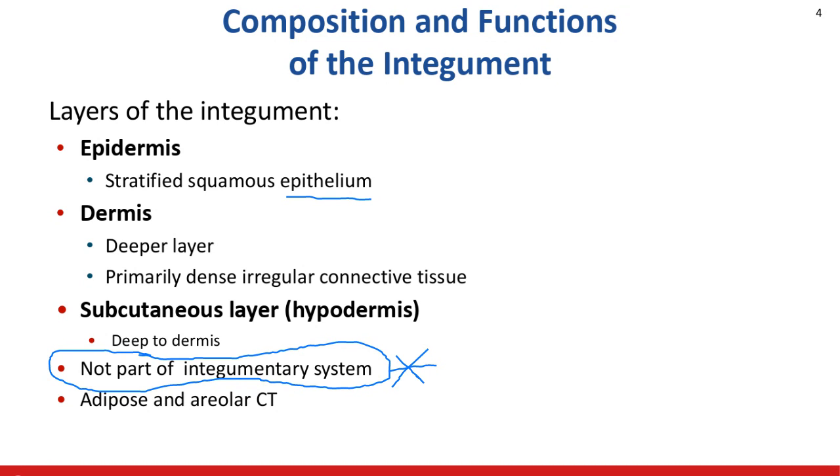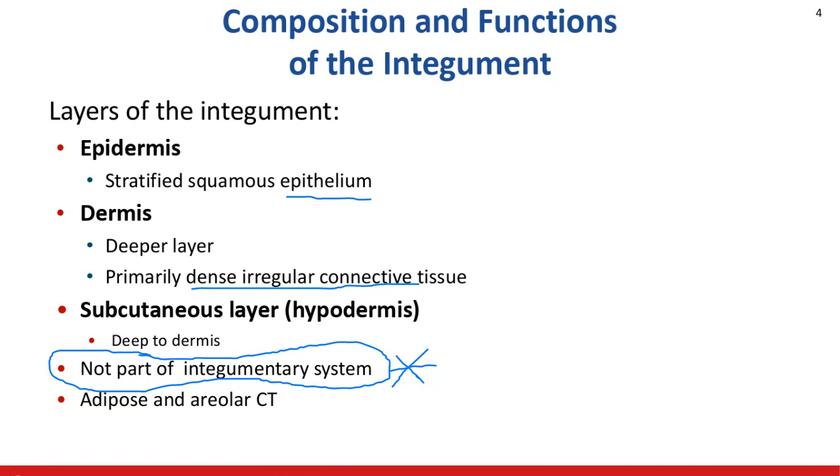Okay, so the inner layer, the deeper layer to the epidermis, is the dermis, okay? And the dermis is primarily made up of that dense irregular connective tissue, which is awesome because dense irregular connective tissue can handle multi-directional stresses. So if you pull on your skin in a whole bunch of different directions, it shouldn't tear, it shouldn't be damaged because of that dense irregular connective tissue.